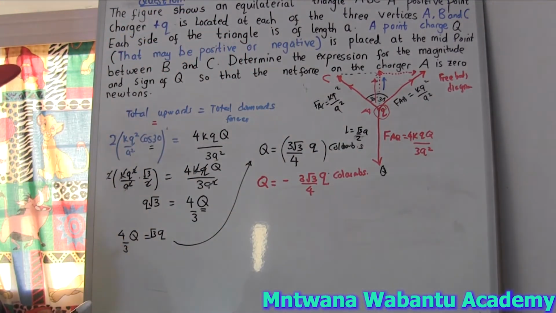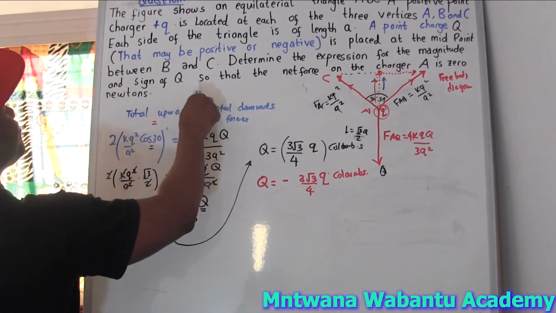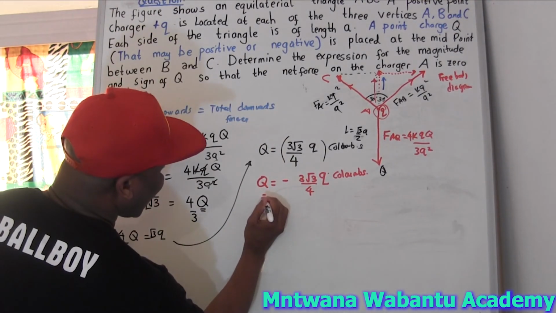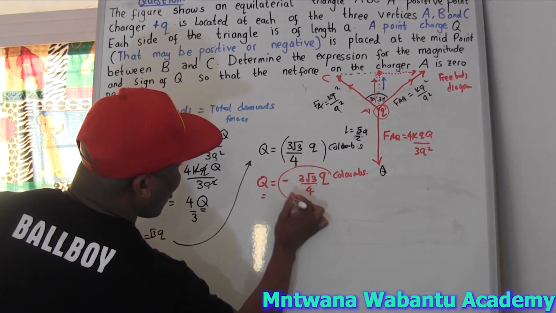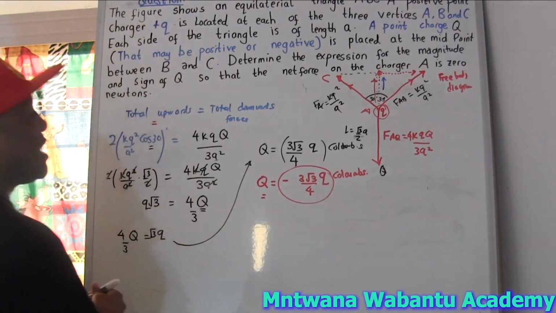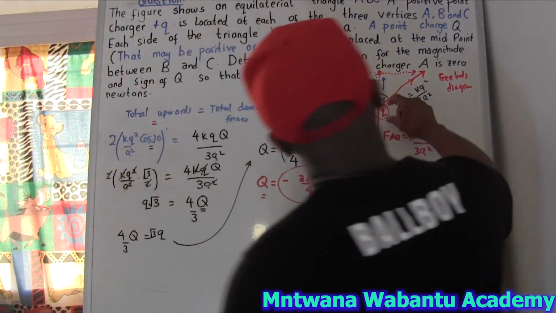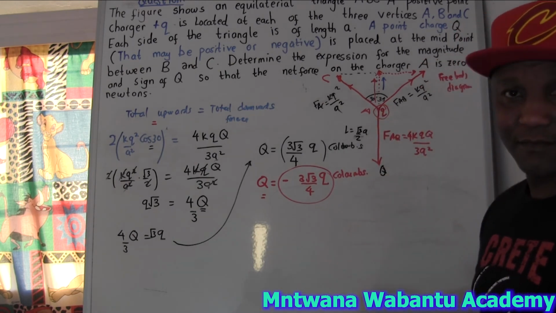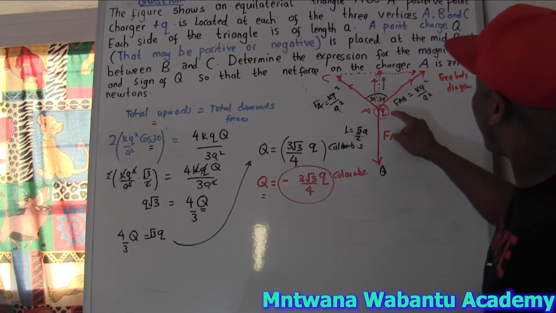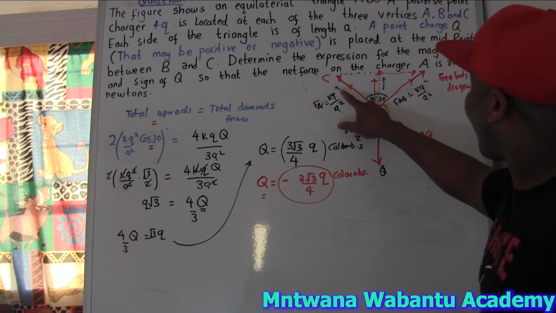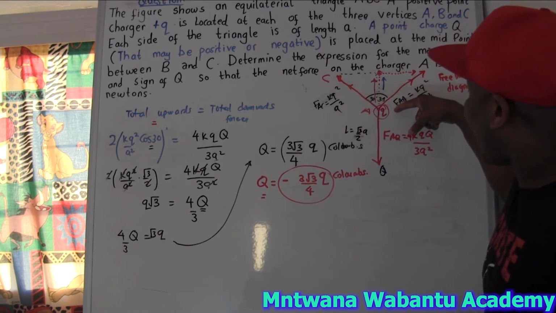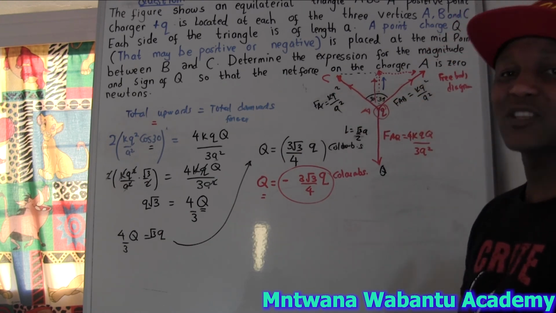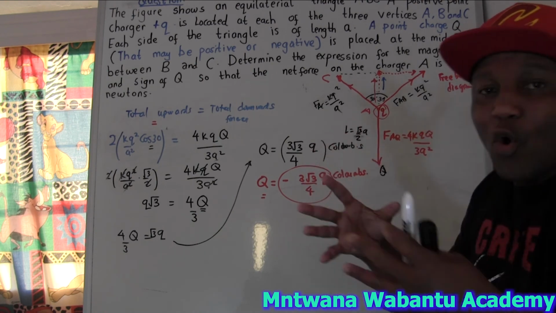So if this charge equals this many coulombs, it means this charge is going to make the magnitude at A to be 0. I mean the force from here to here is going to be the same as the force from here to here. It's going to be the same force from A to Q, and that's going to cause no net force.